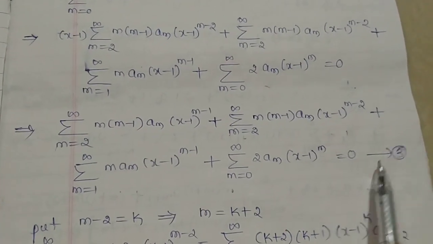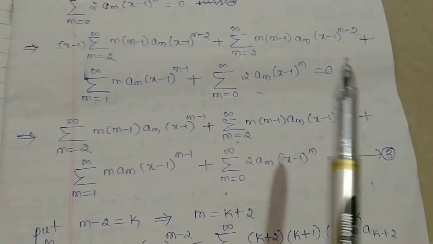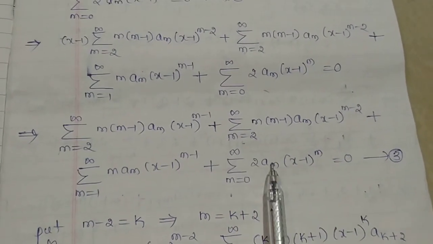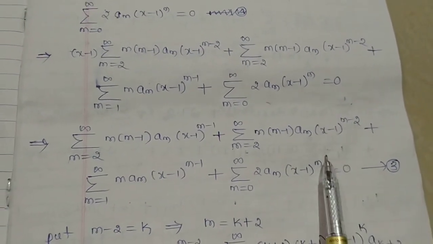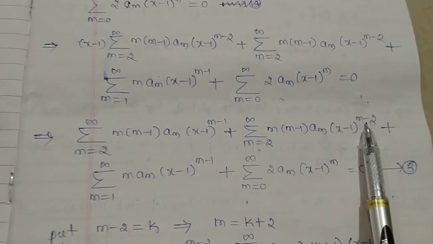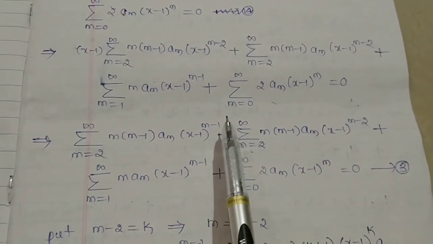Now, as we discussed in the previous class, in the next step we have to make the various powers of (x − 1) to m. For that we have to equate m − 2 to k, and m − 1 to k.